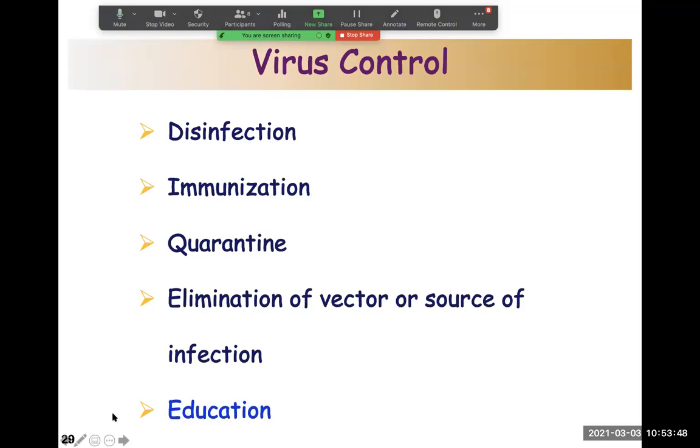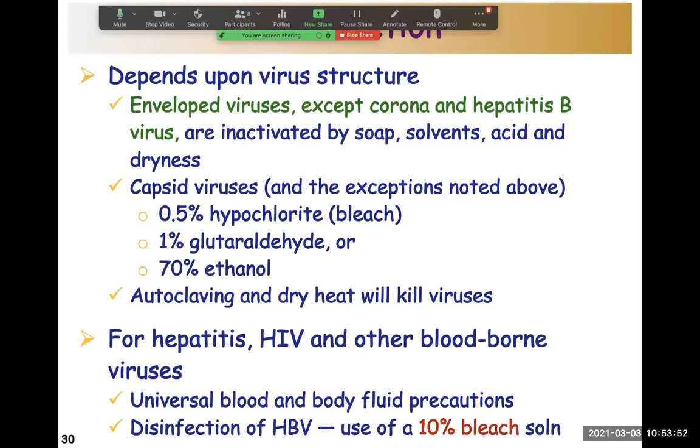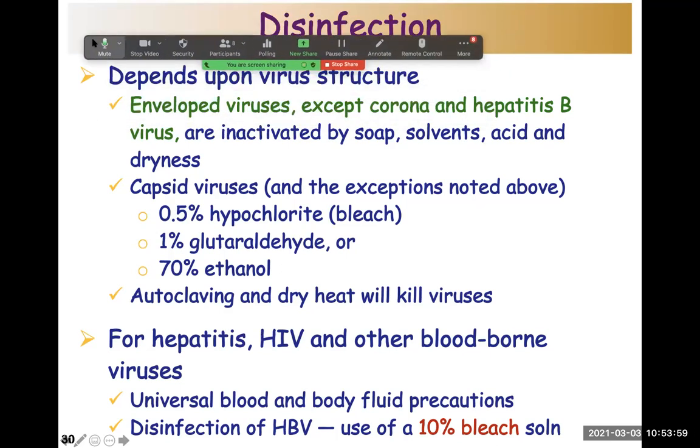And important is educating the public about virus control. And as far as disinfection goes, it depends on the virus, whether it's enveloped or whether it has only a capsid. Most of the time you need to autoclave in order to kill the viruses. And you can use bleach solution or soap or solvents.